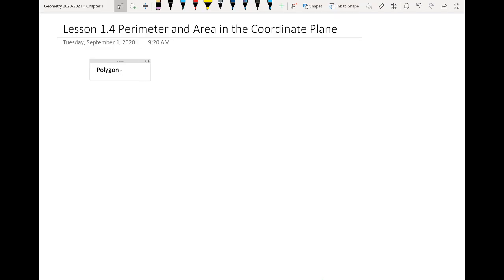Okay, and a polygon is a geometric figure, and there's a number of things that we need to make sure that we establish about a polygon. It is composed of a minimum of 3 line segments, meaning that we cannot have any curves in it.